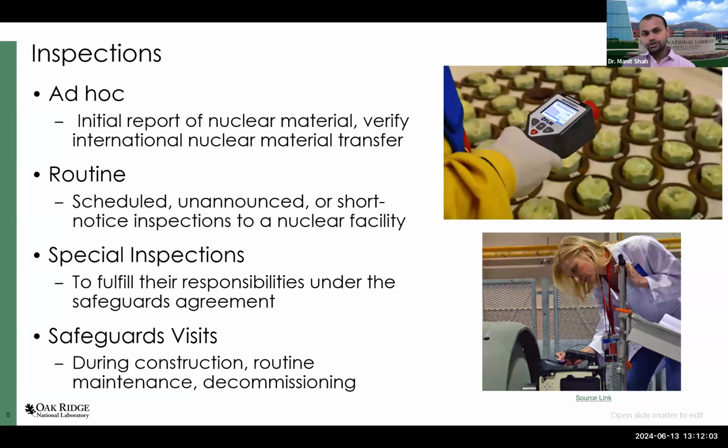The normal one is the routine inspection, which is scheduled. It can be scheduled or unannounced, or it can be a short notice inspection to a nuclear facility. I think short notice is a 24 to 48 hour window.